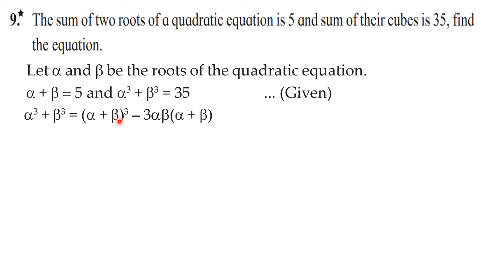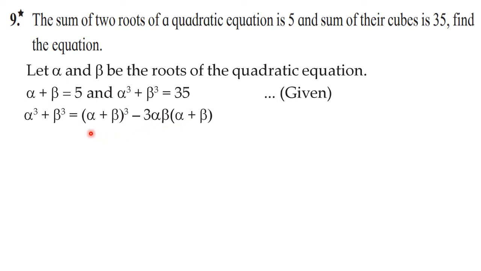Alpha cube plus beta cube, which are present here, plus 3 alpha beta times (alpha plus beta). See, this particular term you can shift to the left hand side. So, (alpha plus beta) cube is equal to alpha cube plus beta cube plus 3 alpha beta (alpha plus beta).